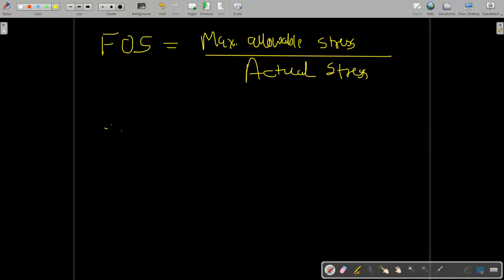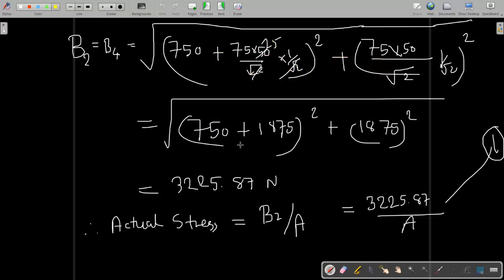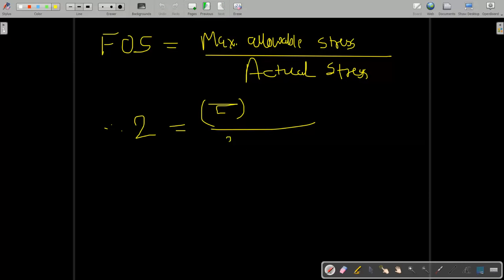So the factor of safety is given as 2, and the maximum allowable stress is our maximum shear stress tau, divided by the actual stress, which is 3225.87 divided by A. So denominator goes to the numerator. So 2 times, what is tau? It is 190 megapascal.